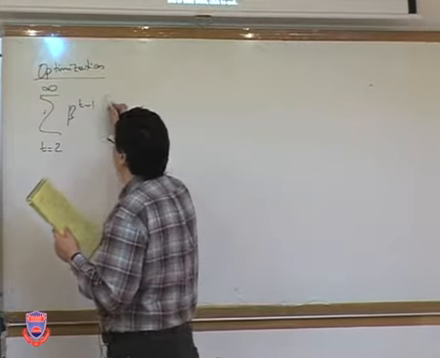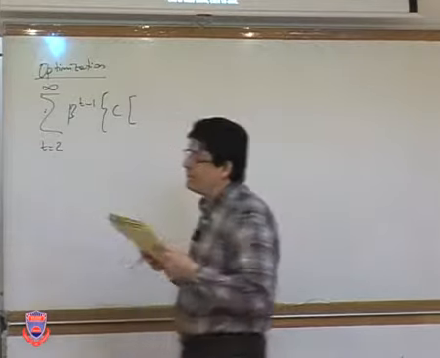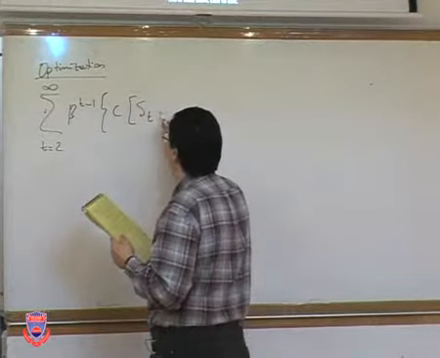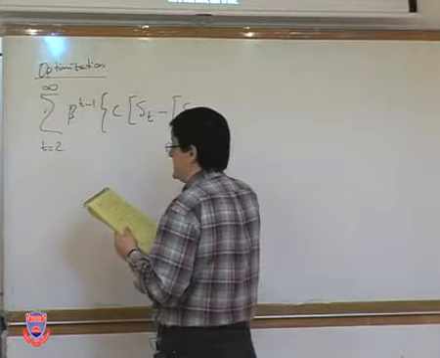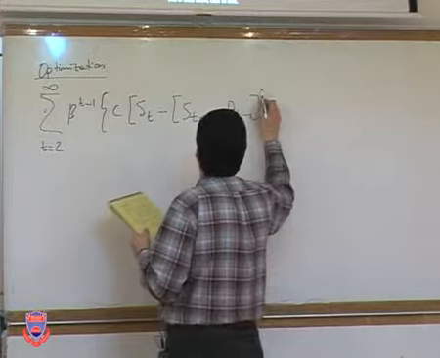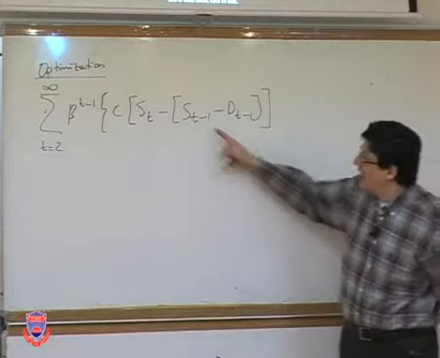So if I have this, this is going to be C times, now instead of Z_t, I'm going to have S_{t-1} minus D_{t-1}. Note that this is going to be your current Z. Why?